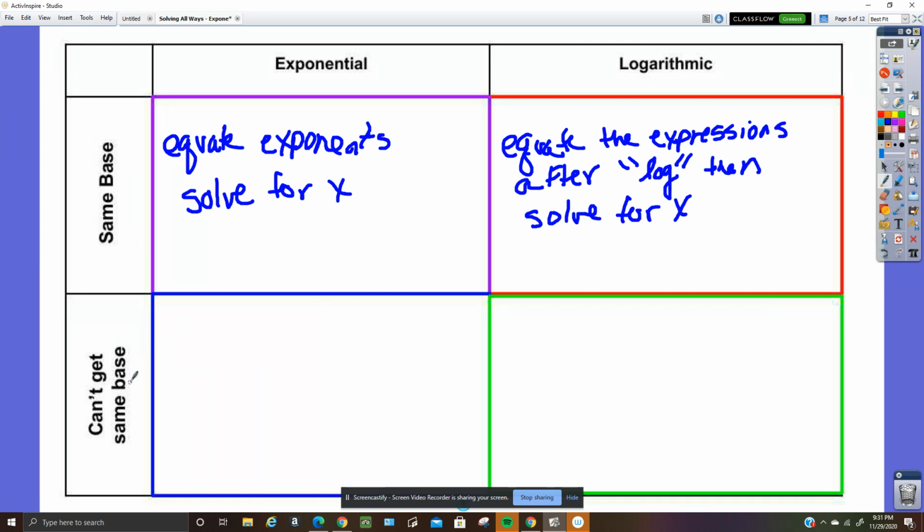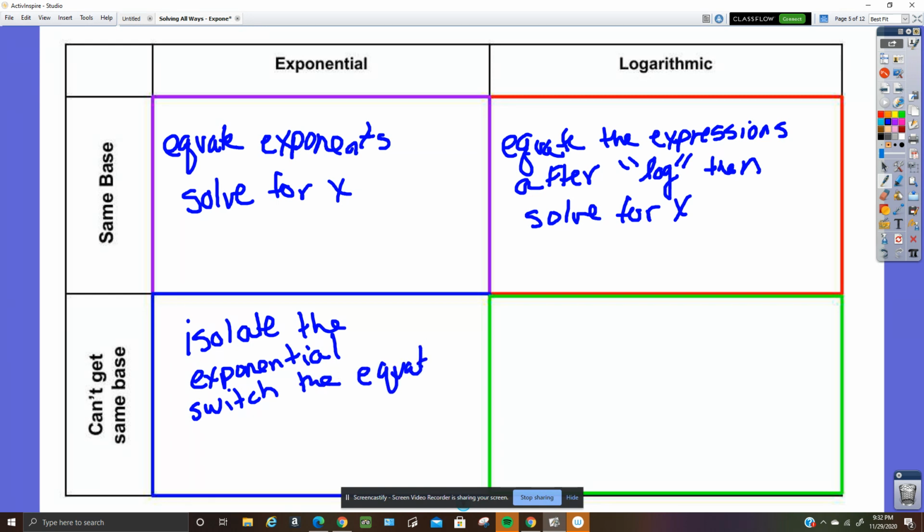So if you can't get the base the same in an exponential, you want to isolate the exponential, switch the equation to the equivalent log form, and solve for x.